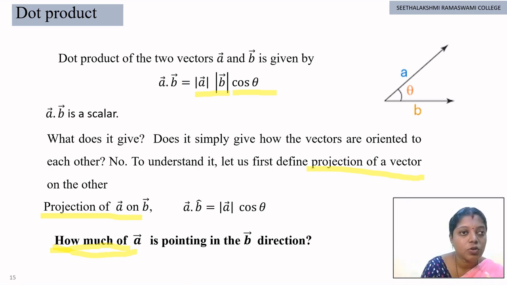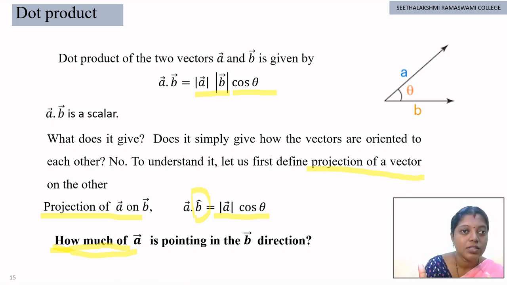So that does not only mean the orientation of a with respect to b, it also depends on the magnitude of a. So it is given here as mod a into cos theta. So a dot b hat, here I have given b hat because we are concerned only with the direction of the b vector.